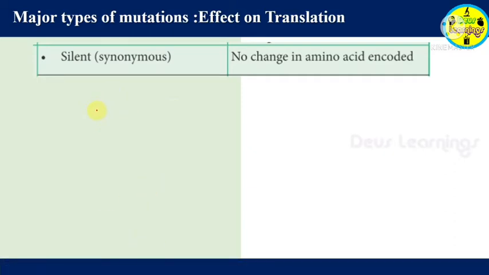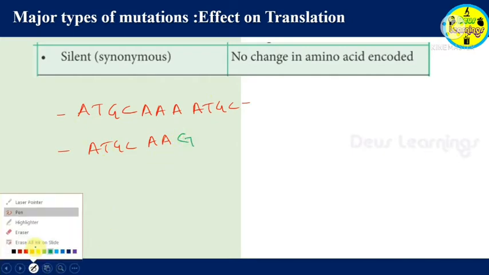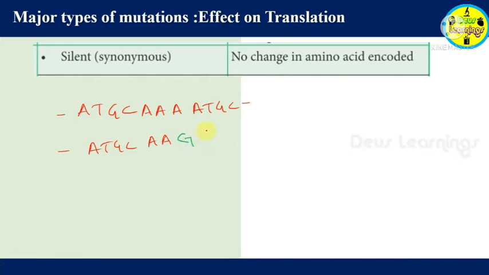We have a sequence A, T, G, C, and A, again A, T, G, C. Okay, and now what happened? A, T, G, C, and then A, say G, followed by the same A, T, G, C.